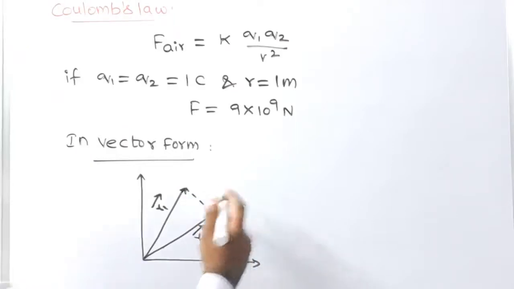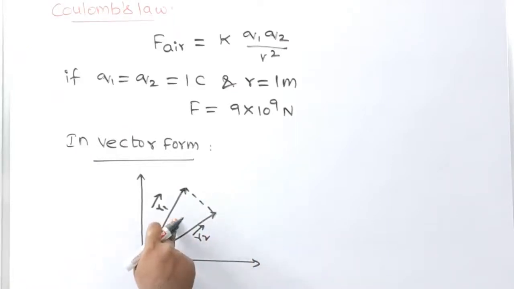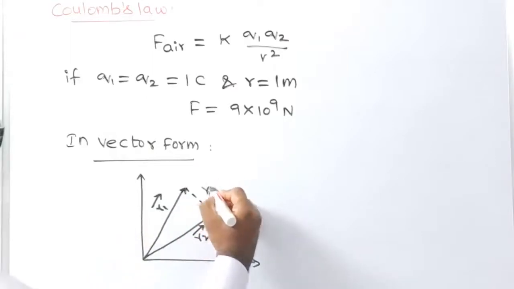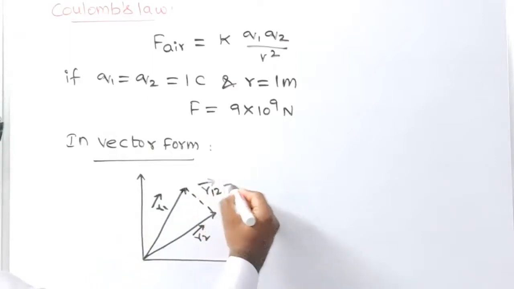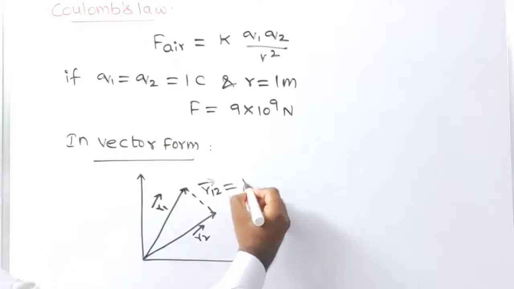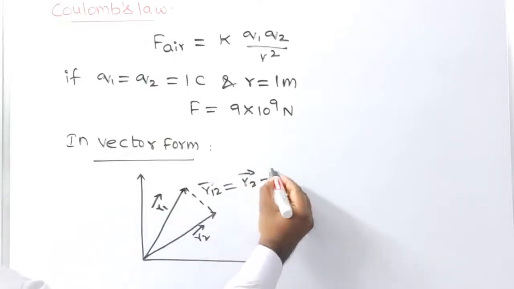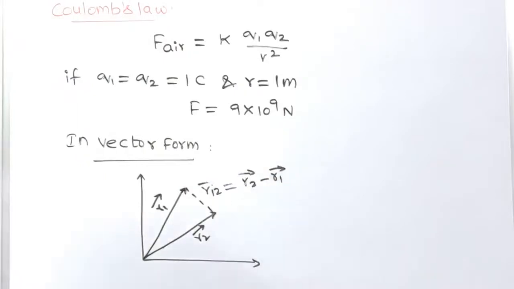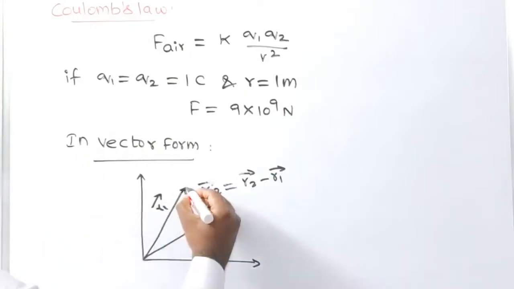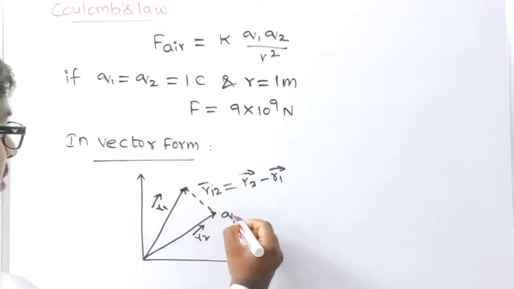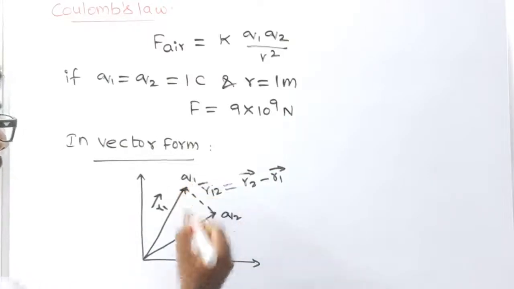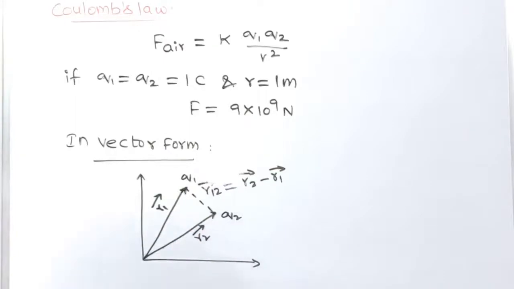So find out the position vector of the first due to the second one, R12. R12 is equal to R2 minus R1. These two are point charges, Q1 and Q2.